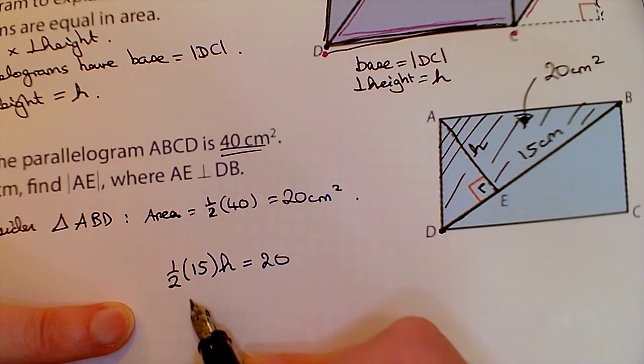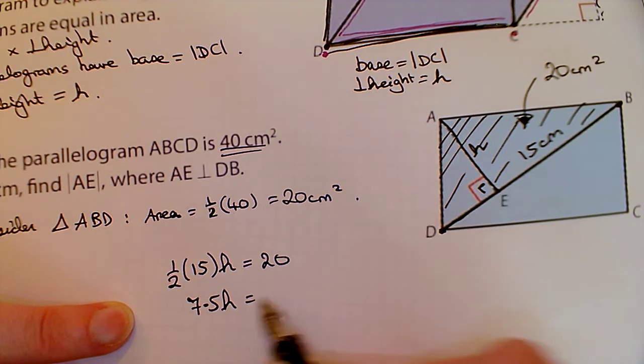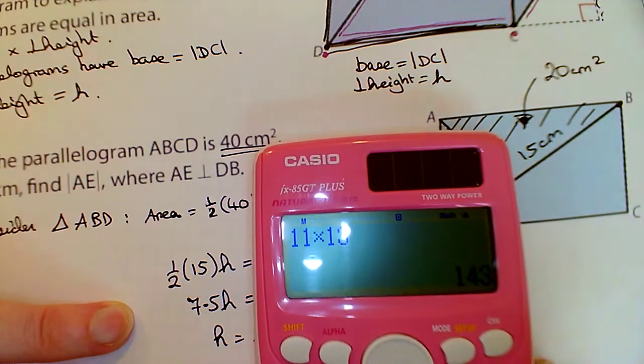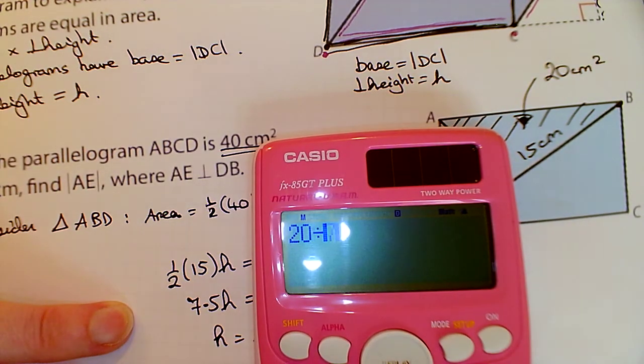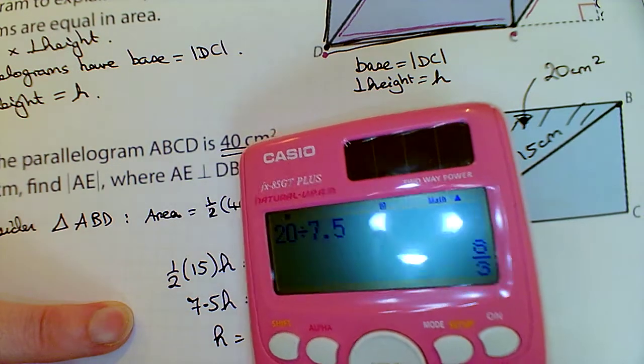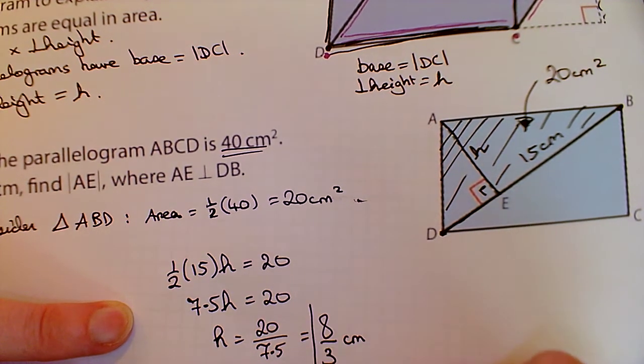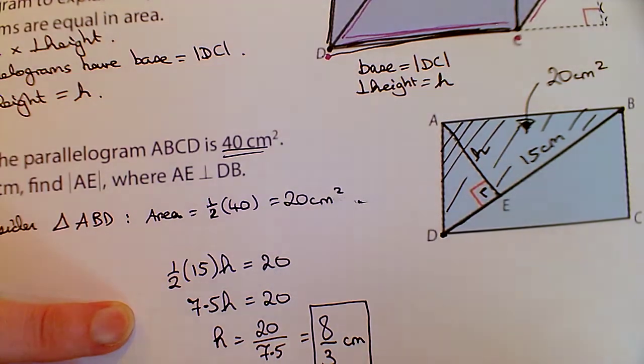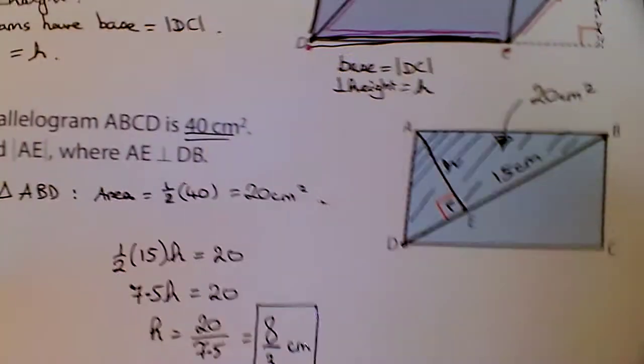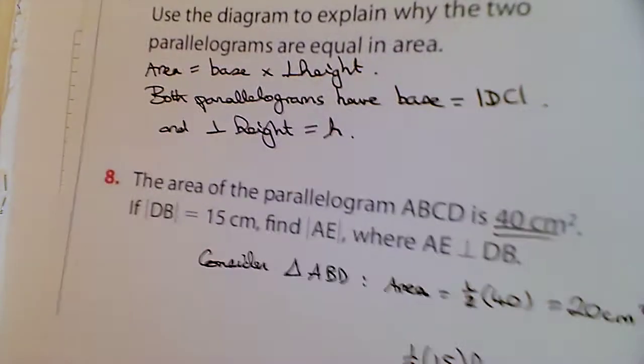And therefore 7.5H is 20 and H is 20 divided by 7.5, which is 8 over 3 centimetres. You can change it to a decimal to 2 decimal places if you want to, but it's easier to just leave it as a fraction. Okay, so I hope that's clear enough, and that's the kind of work that you might be asked to do with triangles and parallelograms. Thank you.